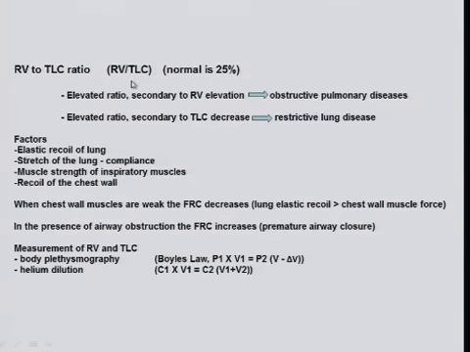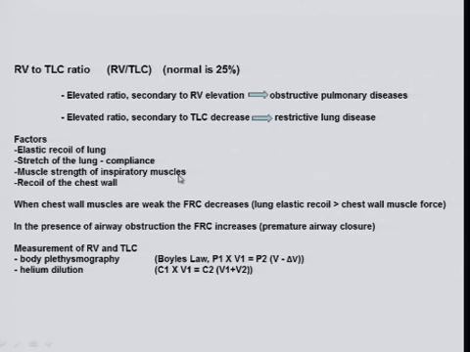Okay, so make sure you understand the relationship of these changes relative to this ratio and how it can indicate what the disease is. So various factors that come into play, elastic recoil of the lung. Remember, we talked about emphysema, stretch of the lung, compliance, pulmonary fibrosis, or emphysema can go either way. We're going to talk about that in more detail. Muscle strength of inspiratory muscles.